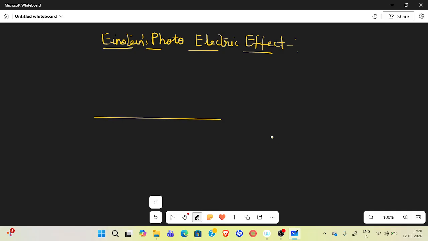Suppose that this is all covered with electrons that are bound with the positive nucleus. These are electrons on the upper surface.